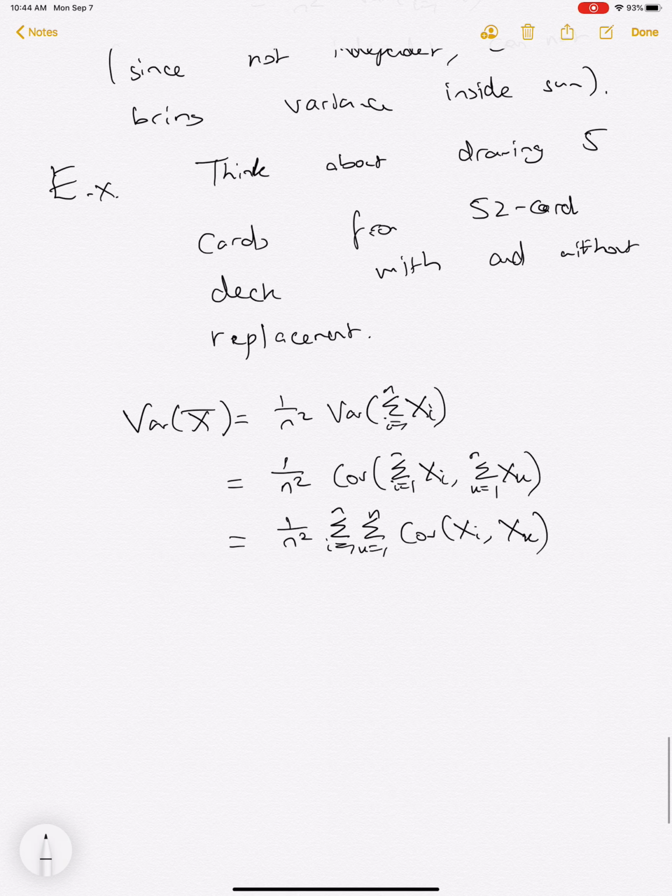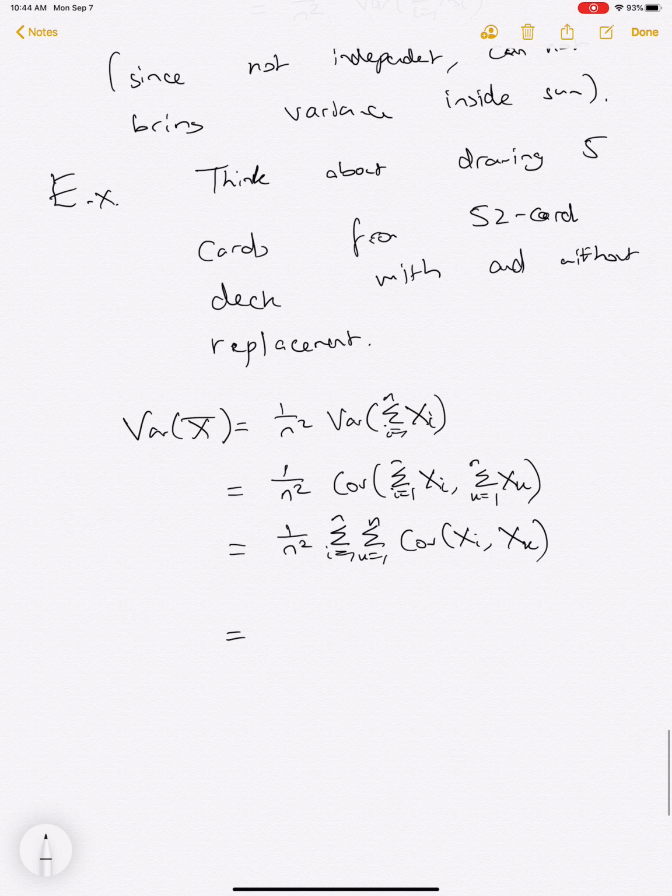Now this is where we're going to exploit the properties that the Xi's have the same distribution, and the joints do as well, because we now have to worry about the joint distribution of Xi and Xk, since we're calculating covariances here.